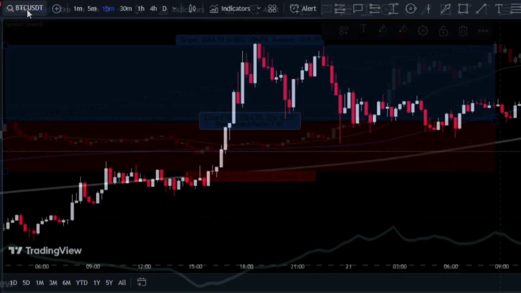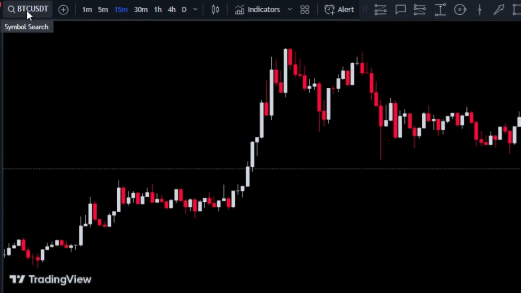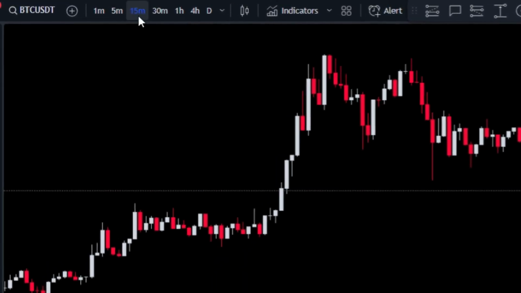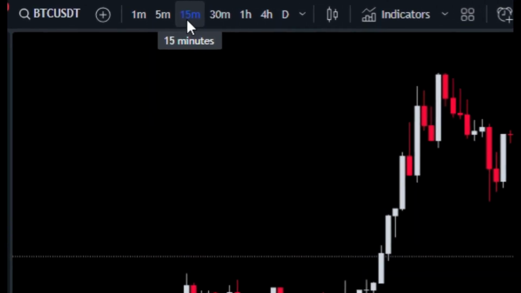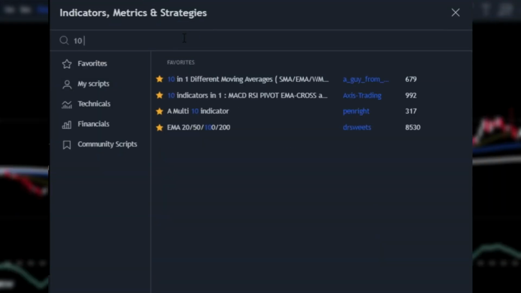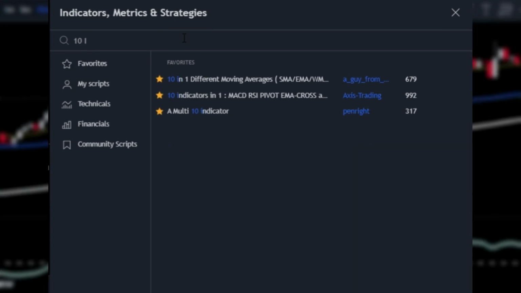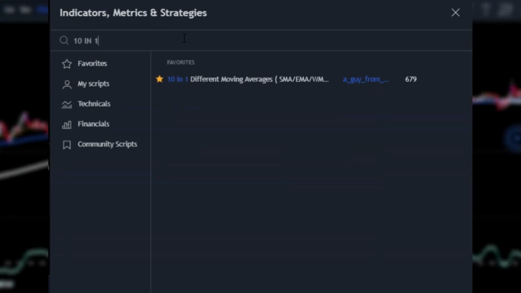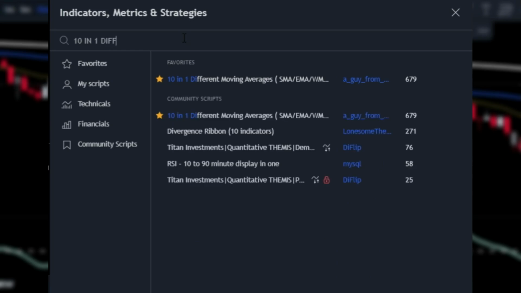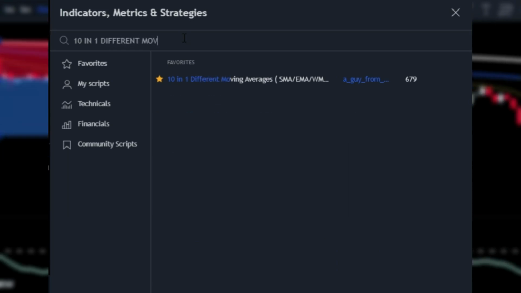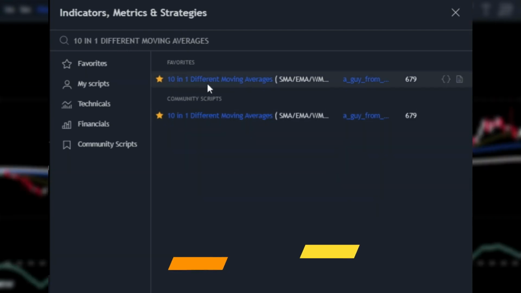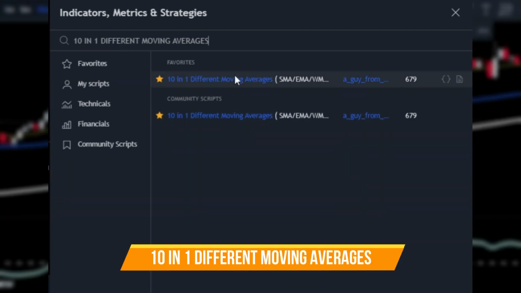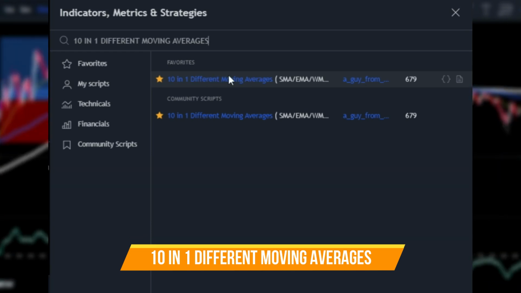Stay tuned. I'm thrilled to share with you a remarkable tool that can display multiple moving averages on your chart all at once. This tool goes by the name of 10 and 1 different moving averages. After you've incorporated this indicator into your chart, we'll delve into its configurations.